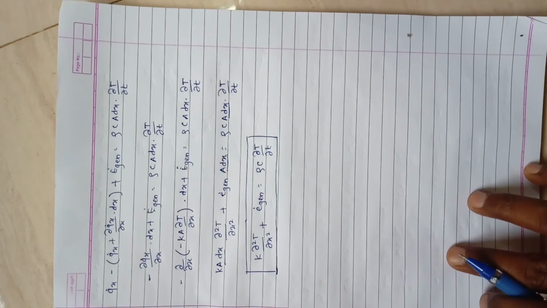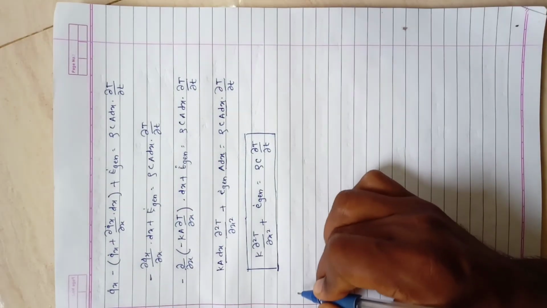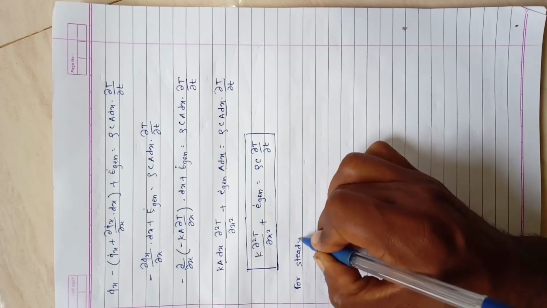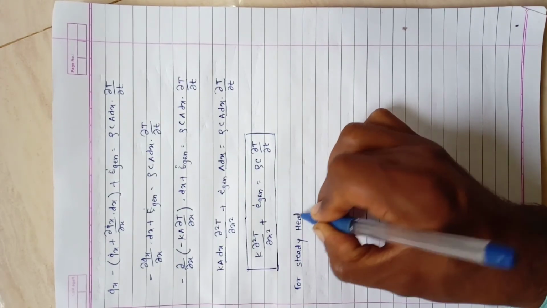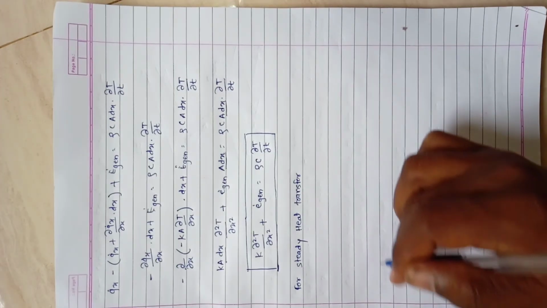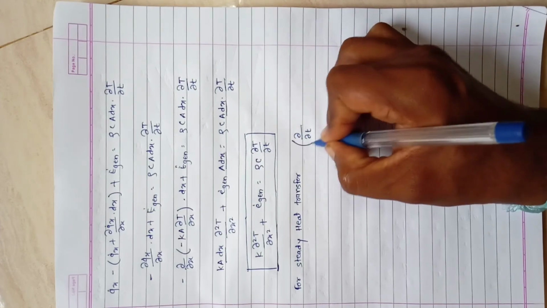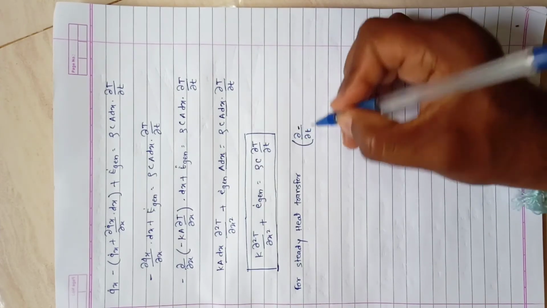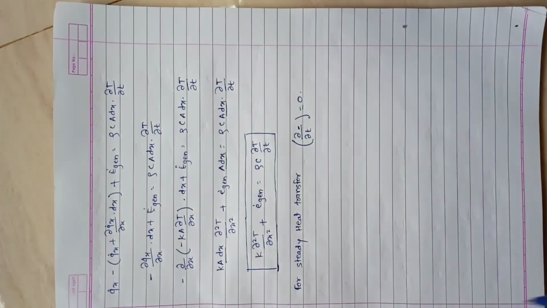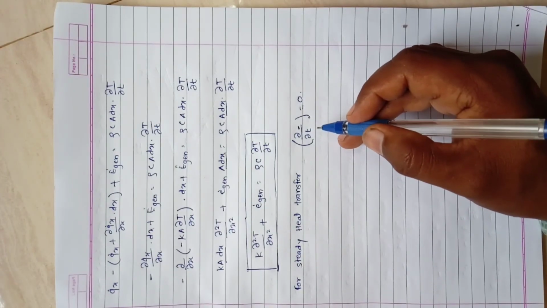Now if we take steady heat transfer, we know that the derivative of any term with respect to time is taken as 0, because the property is constant with time during steady flow.